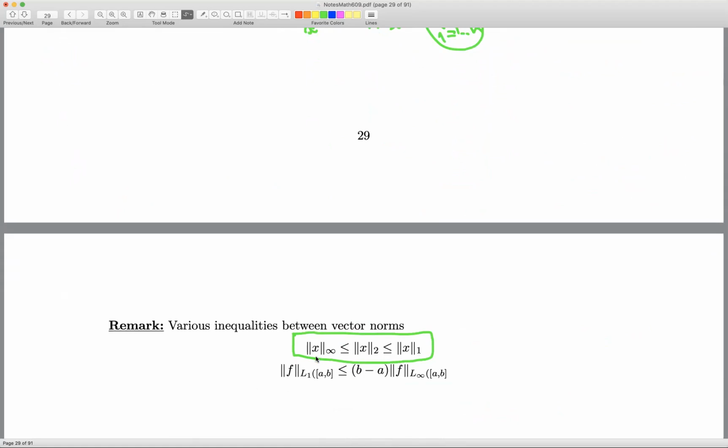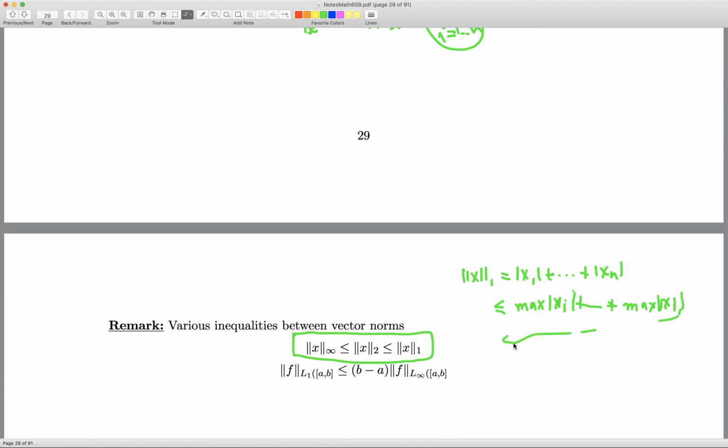If we have the 1 norm, which is the absolute value of x1 plus and so on plus the absolute value of xn, this is less than or equal to the maximum of all absolute values xi, plus and so on, plus the maximum of the absolute value of xi.